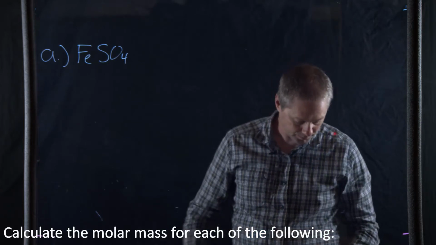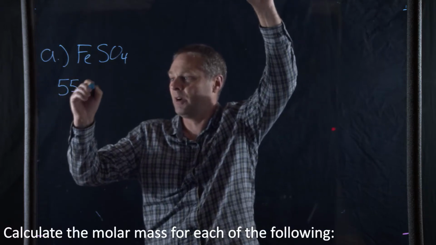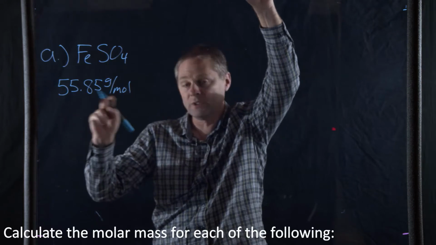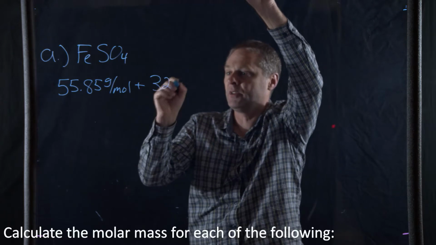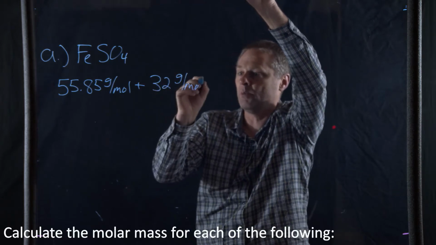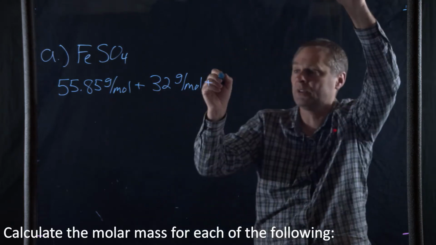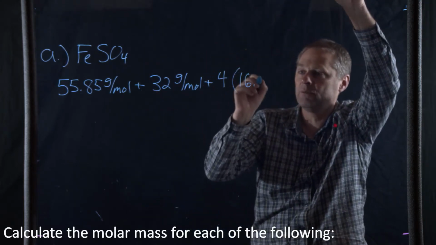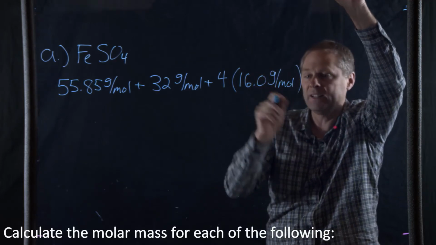So the molar mass of iron is going to be 55.85 grams per mole. This number comes from the periodic table. Plus sulfur is going to be 32 grams per mole. Plus we have 4 oxygens, so we're going to take 4 times 16.0 grams per mole, and this will be for oxygen.